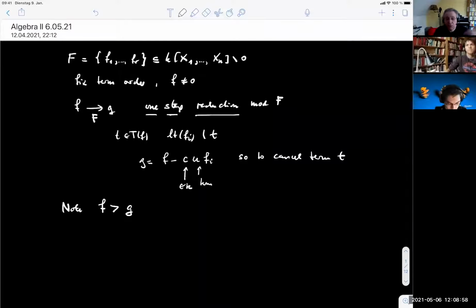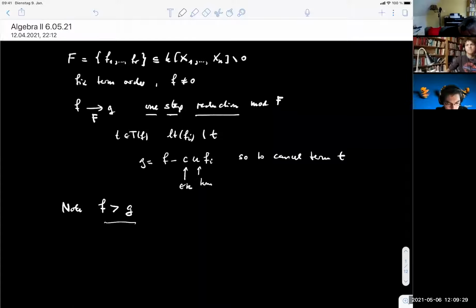So if I have two polynomials and I compare them, I compare leading terms. If one has a larger leading term than the other, then it's called larger. But if the leading terms are equal, then I forget about them and go to the next largest terms and compare those, etc. So it's like a lexicographic extension of the term order. And this is exactly what we have here.